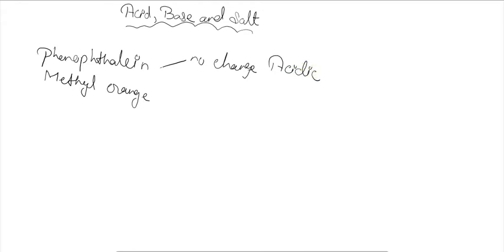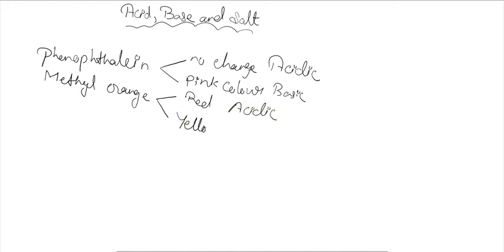With an acidic substance no change in color is seen, but with a basic medium it gives pink color. Similarly, methyl orange is orange in color. With an acidic medium it converts to red, and with a basic medium it converts to yellow.